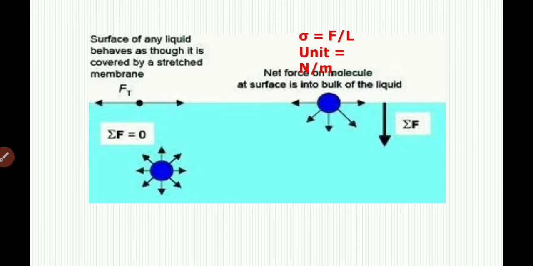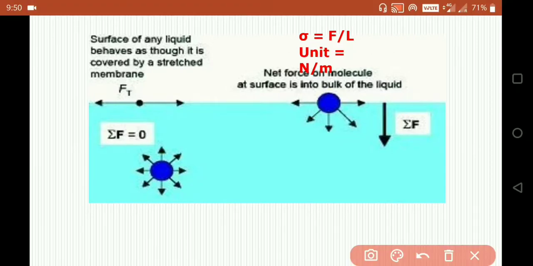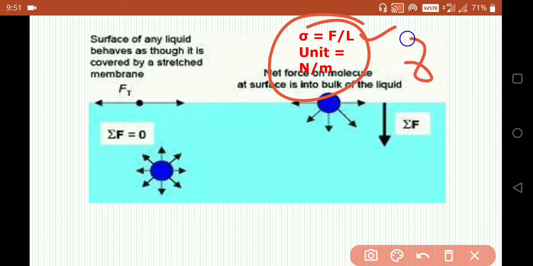This is the equation by which you can calculate the surface tension. Sigma denotes the surface tension, F is the force and L is the length. The unit of surface tension is Newton per meter. In some books, the surface tension is denoted by gamma and the length is denoted by d.